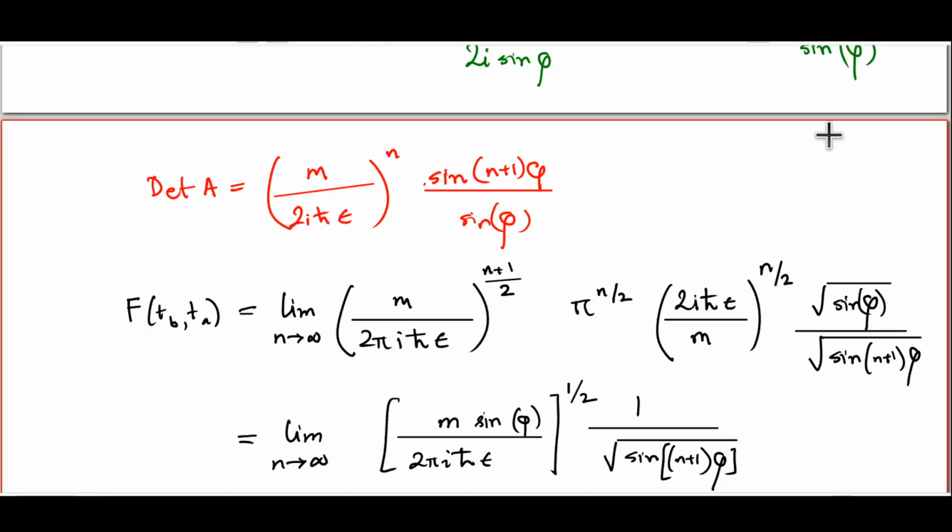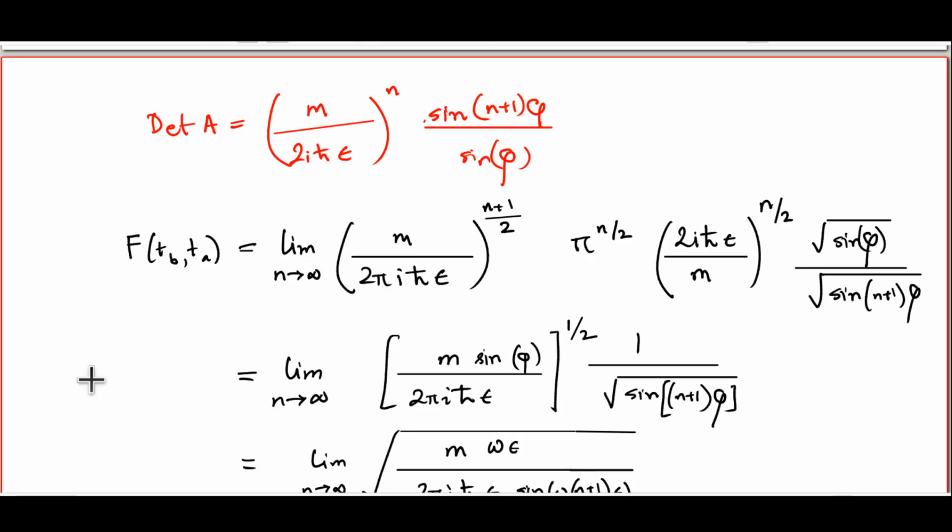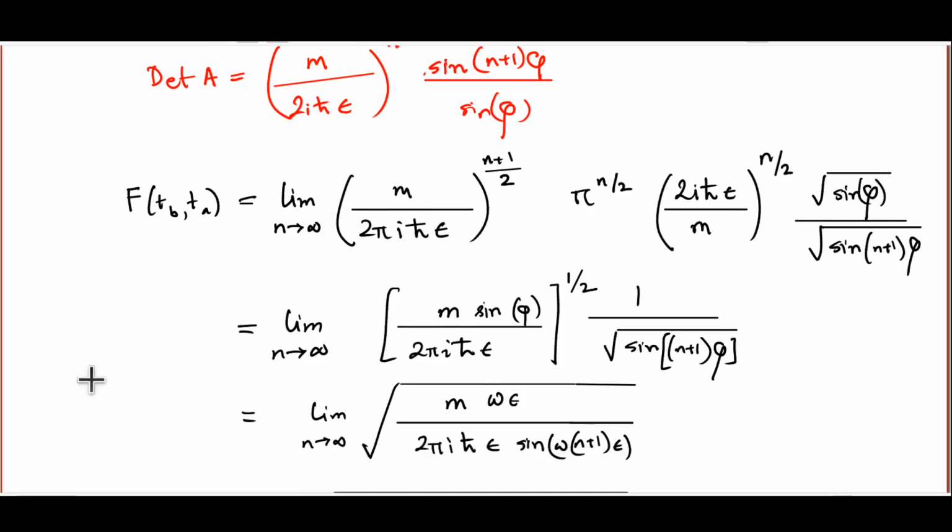Of course, overall what you get is the square root of m sin phi divided by 2 pi i h cross epsilon sine of n plus 1 phi. Note that in the limit that we want to take, as n goes to infinity and epsilon goes to 0, phi essentially becomes omega epsilon and sine of phi can be replaced by omega epsilon. So, if you take that into account, then what happens is you end up with m omega epsilon in the numerator and 2 pi i h cross epsilon sine of omega n plus 1 epsilon in the denominator.